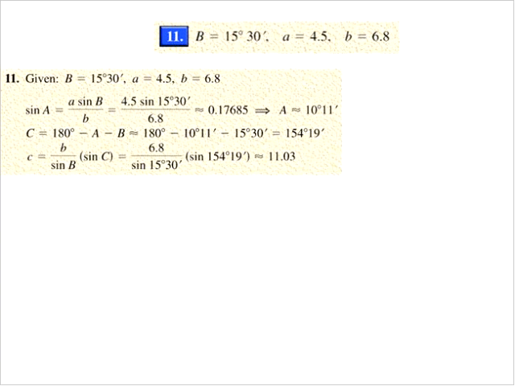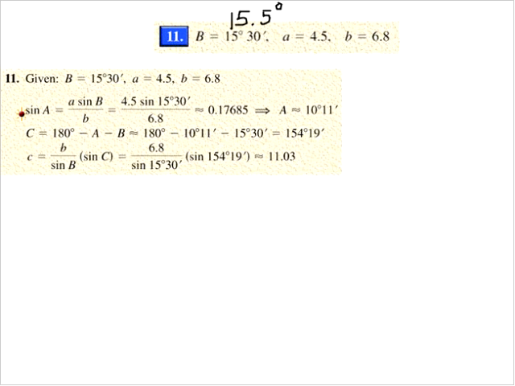Right, in the next one, we have A, B, and big angle B here. I'm going to write this as just a decimal. This is 15.5 degrees. Remember, 30 minutes is really 30 over 60. So if we were to reduce that or put it in decimal form, it'd be 0.5. So that's how I get the 15.5. Okay, setting up the proportion, looks like they wanted to solve for angle A first, and that's what we need to do.